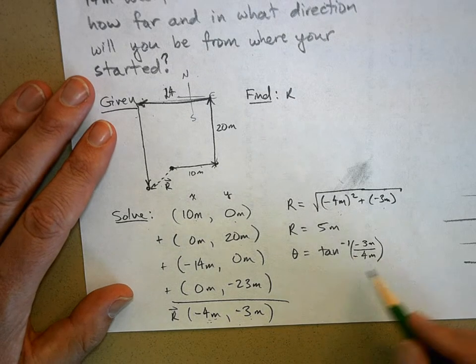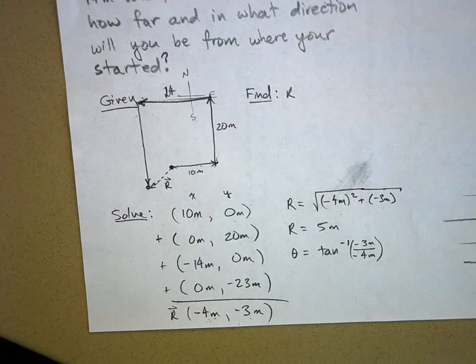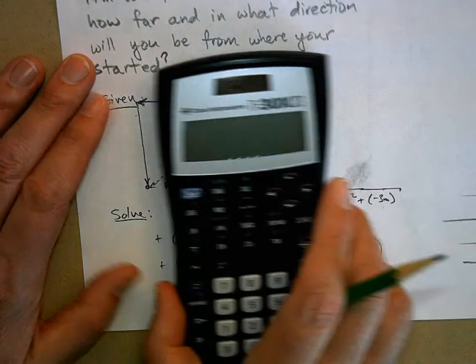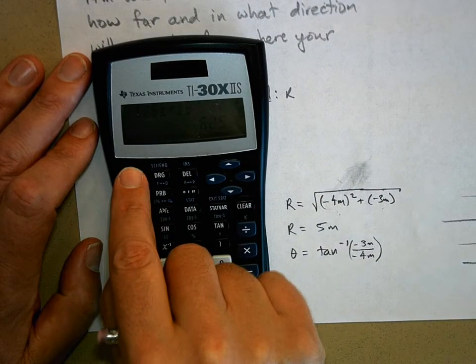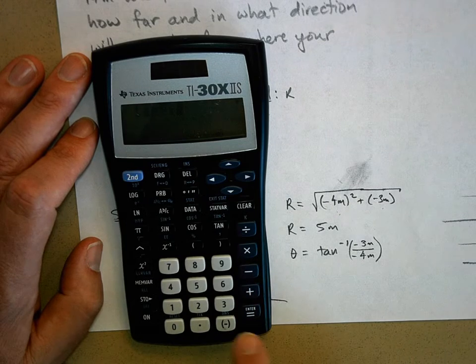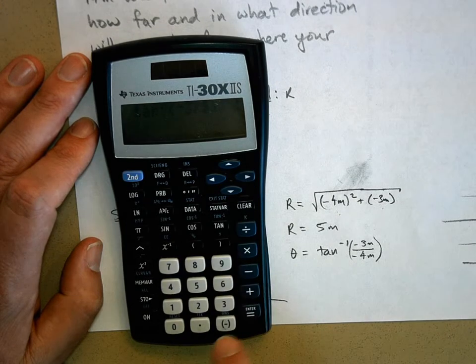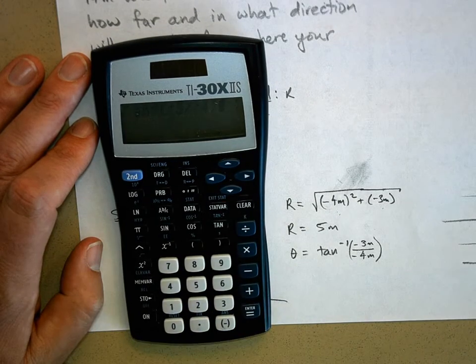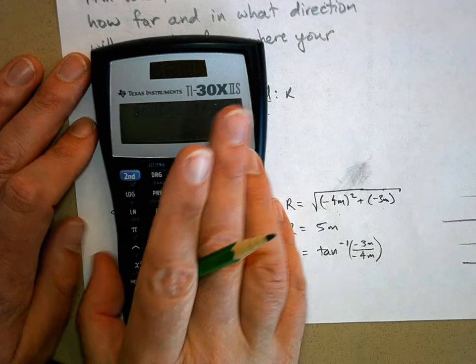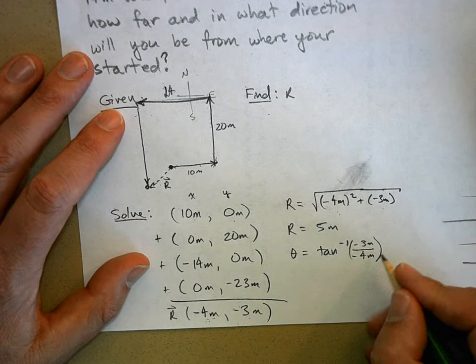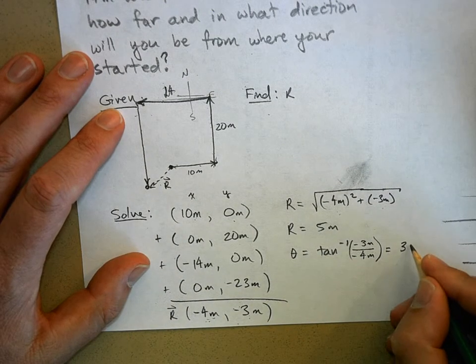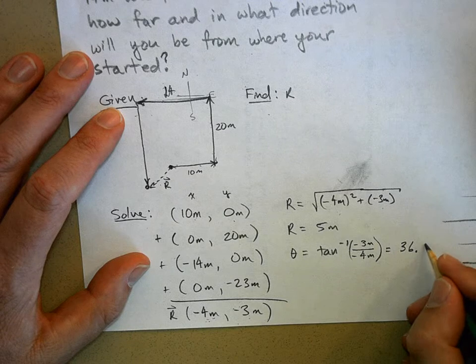You have to make sure that you finish the division, or you put it in parentheses. So let's do this. Turn the calculator on. Inverse tangent of -3 divided by -4. You can take the negatives out because you know they cancel out. So when you type it in your calculator, you don't need to bother. And when I hit equals, I get 36.9 degrees.